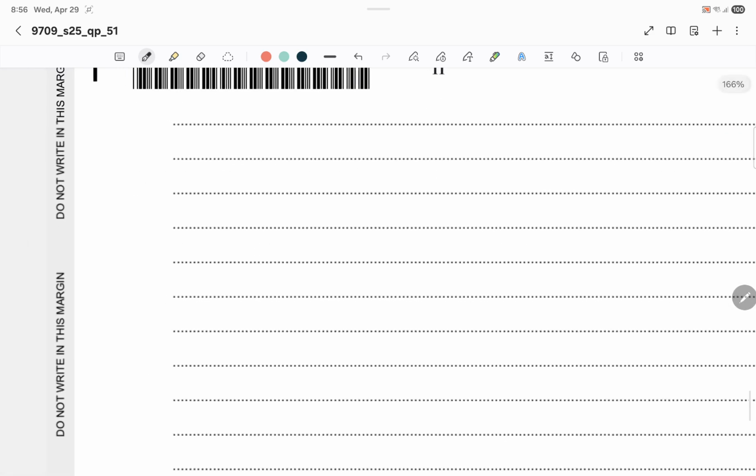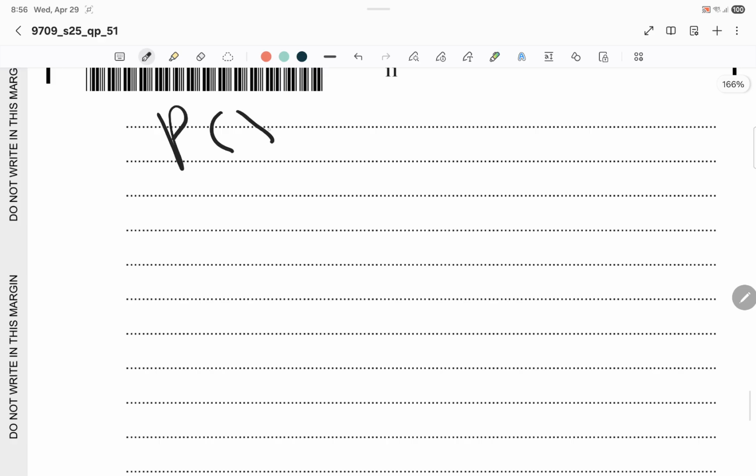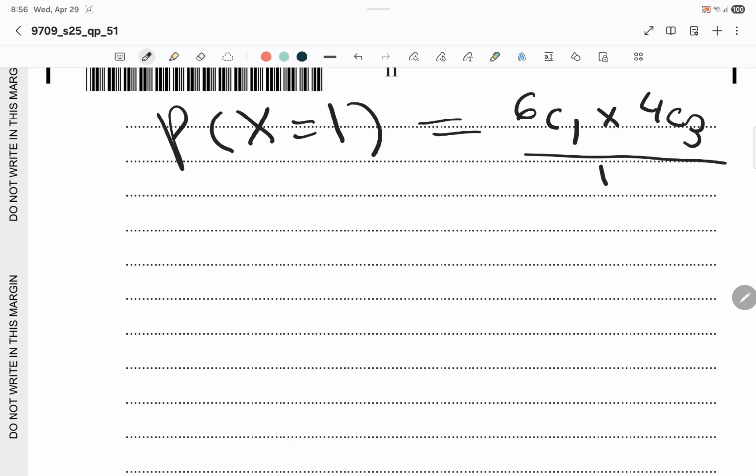Next one is the probability of getting a 1. Out of 6 he gets 1, out of 4 he gets 3, over 10C4, which is 4 by 35.